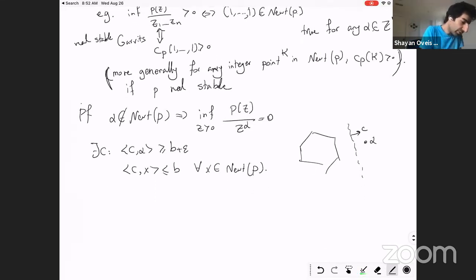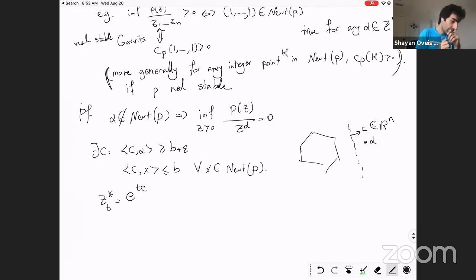Now, I want to say that this infimum is 0. So I want to plug in a sequence of values for z such that, as the sequence goes to infinity, this infimum goes to 0. And the idea is to look at this point z star. The vector c that I have is in R^n. So let's say z star of t will be e to the t times c, and I'm going to let t go to infinity.